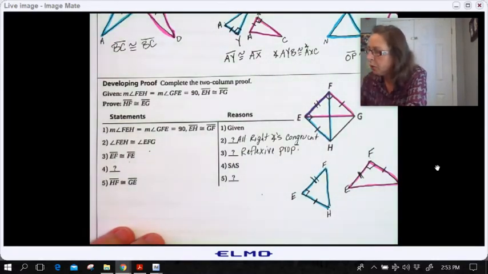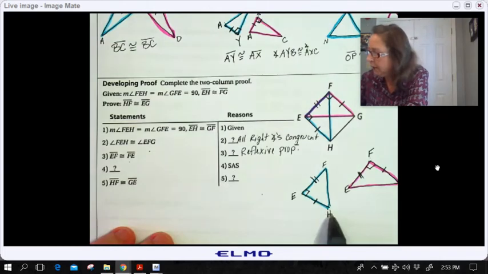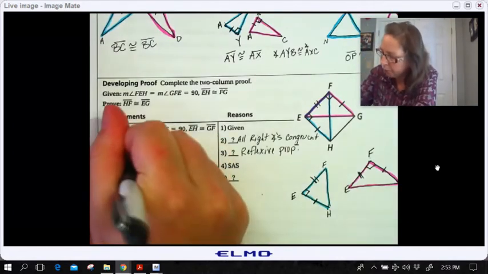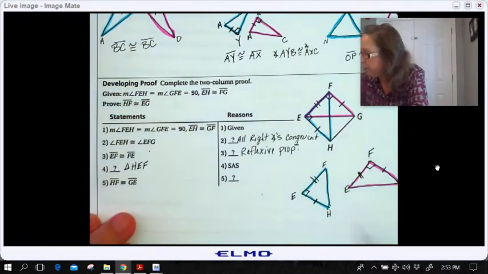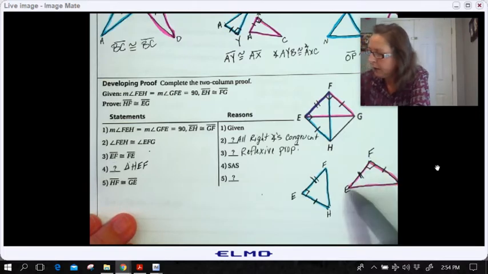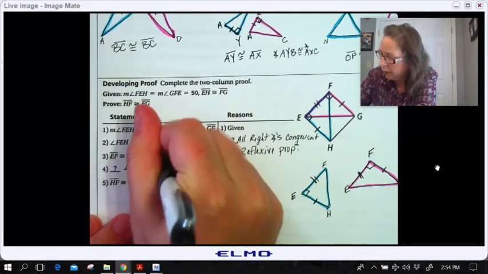Now they want to know, what is it that we know? And they already told me the reason is side angle side. Okay. So we can say that triangle HEF, I'm going from side 1 congruency to side 2, is going to be congruent to triangle GFE.